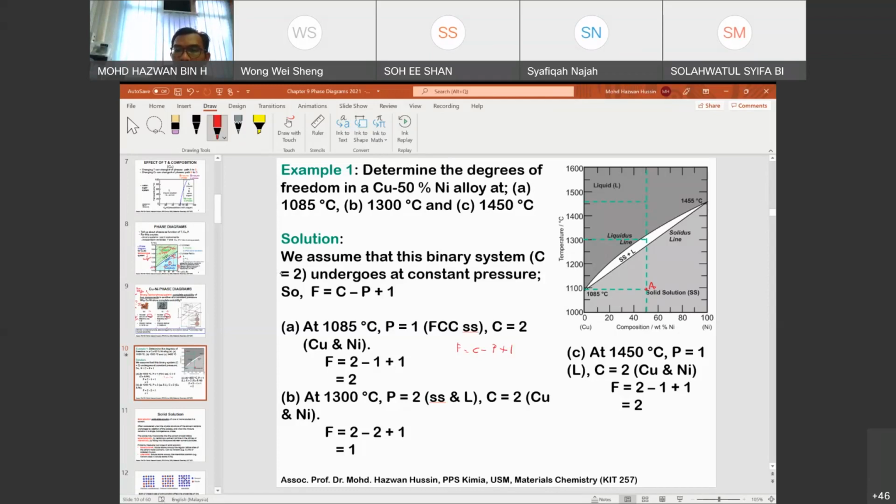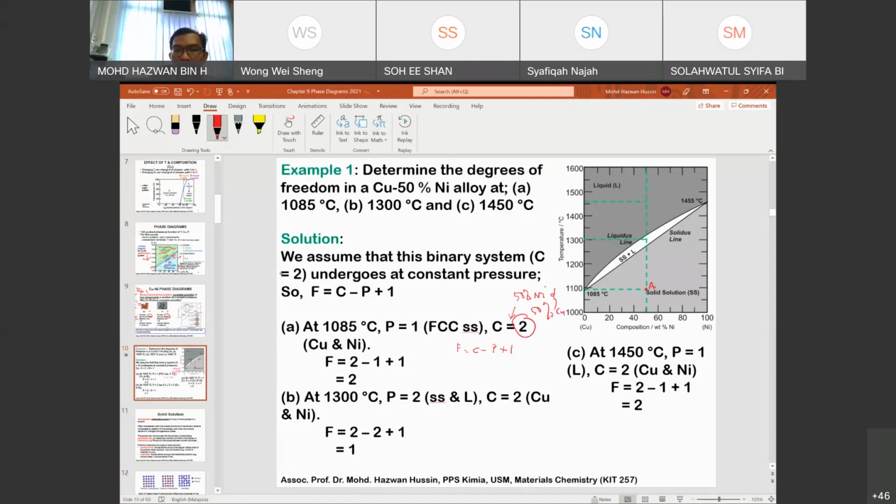You know that it is 50% of nickel and 50% of copper. Then you know that you have 2 because you have 50% of nickel and 50% of copper. So you have 2 components. So component is equal to 2.